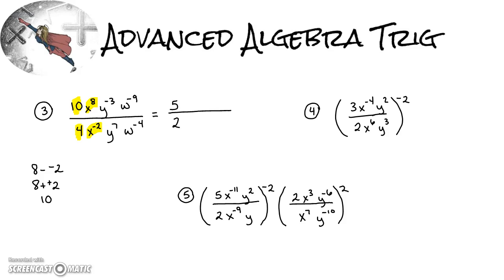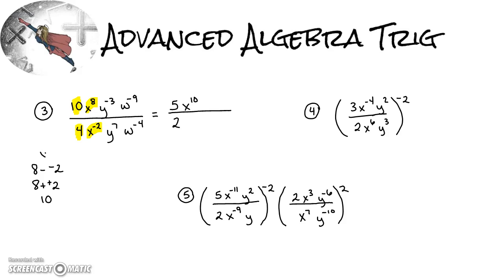So many times students forget that it's a minus a negative, and they just think it's 8 minus 2 is 6. So don't do that. So it's going to be x to the 10th. Now every time you subtract exponents, automatically put the answer that you get in the numerator, in the top. So x to the 10th goes up there.